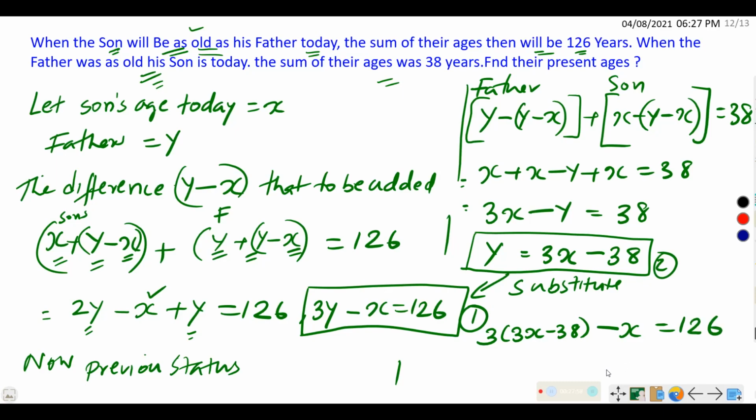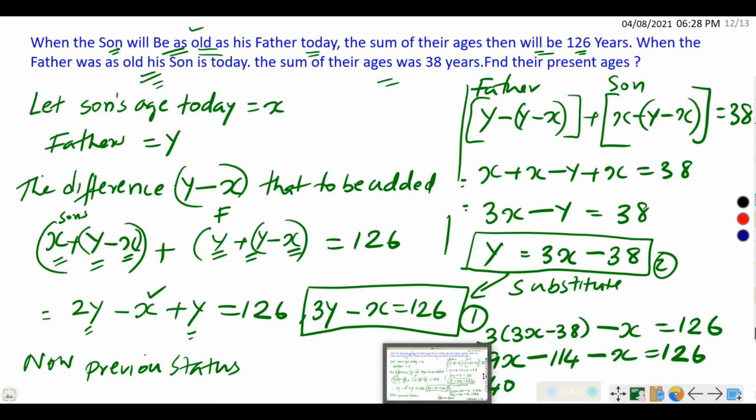So we can simply multiply this and write 9x minus 3 into 38 is equal to 114. Bracket open, minus x is equal to 126. That means 8x हो गया. 8x minus 114 plus हो जाएगा. So 8x is equal to 240.